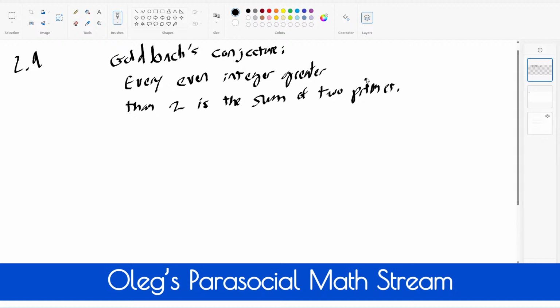Okay, here we go. So we're going to say this. This can be translated in the following ways, where P is a set of prime numbers. All right, let's establish that.